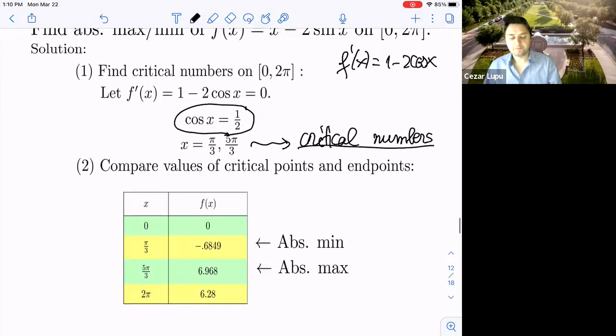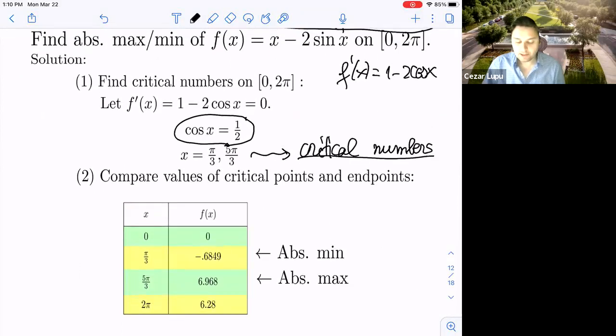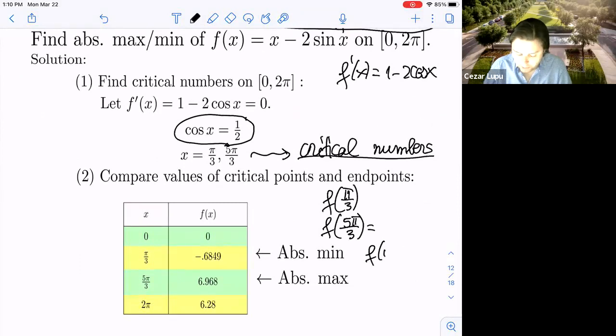And we'll have the following chart. We have to evaluate f of pi over 3, f of 5 pi over 3, f of 0, and f of 2 pi. If you look at this chart, at 0 the function is 0.